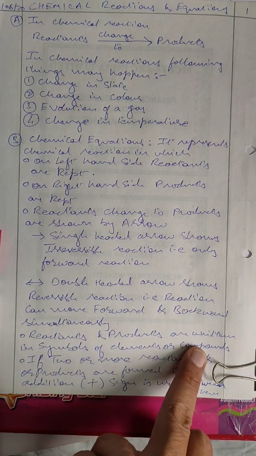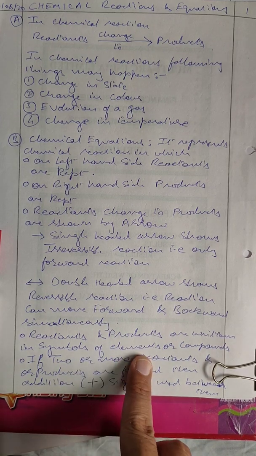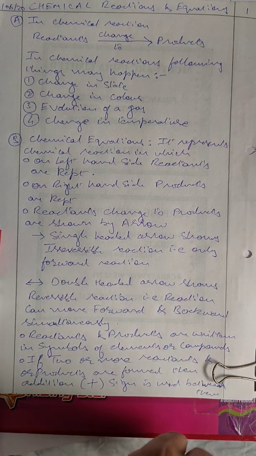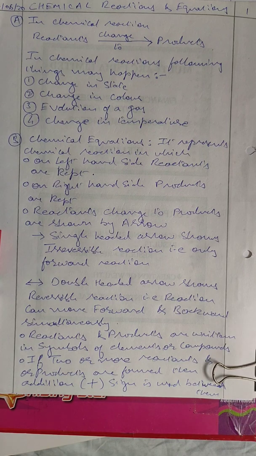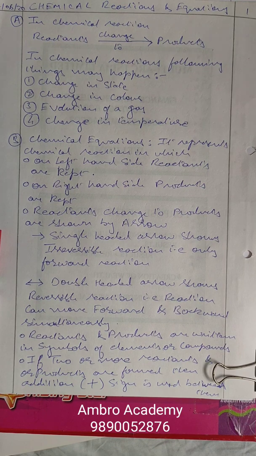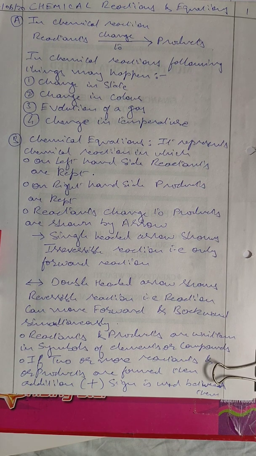The reactants and the products are written by symbols of elements or compounds. Just as I have said, if we take the example of hydrogen plus oxygen will give H2O, we will not write hydrogen in words. Instead of that, we will use the symbol H. Again, we need to make the molecule of hydrogen, H2, and the molecule of oxygen, O2.